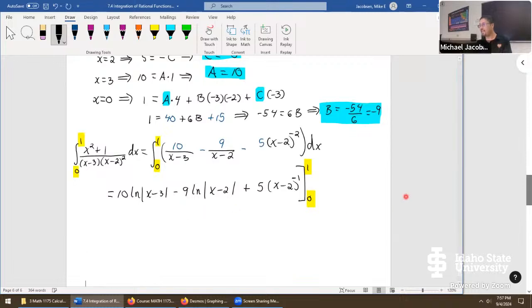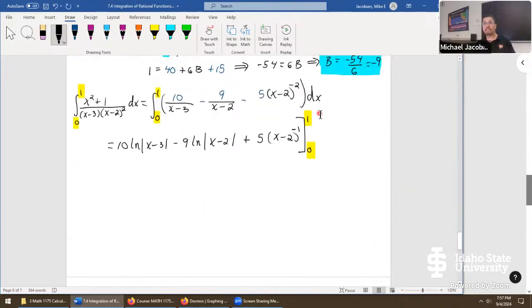This is just a lot of writing. So first you're plugging in 1 inside here. You'll get 10 natural logarithm absolute value of negative 2. If you wrote this as natural log 2, then you're saving a step on that, but I'll write it this way first to start. Plug a 1 here. Negative 9 natural log absolute value of negative 1.